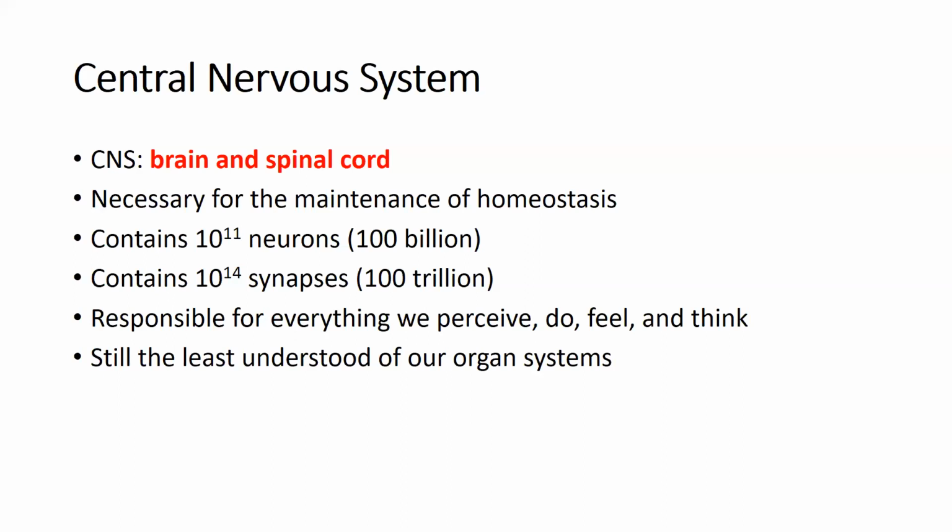So in that way, the brain is responsible for pretty much everything we do, right? Emotions, actions, touching, feeling, everything we see, hear, all of that information is processed in the central nervous system via those neurons and their supporting cells.